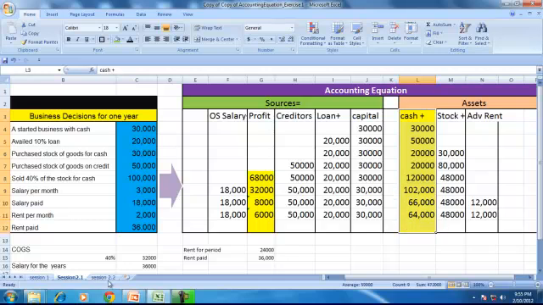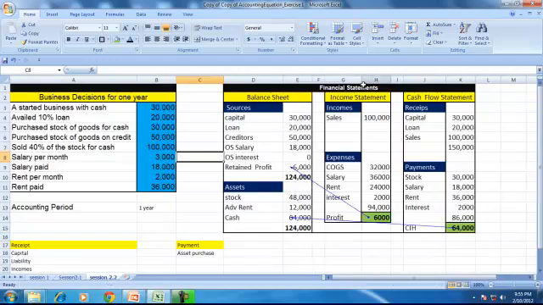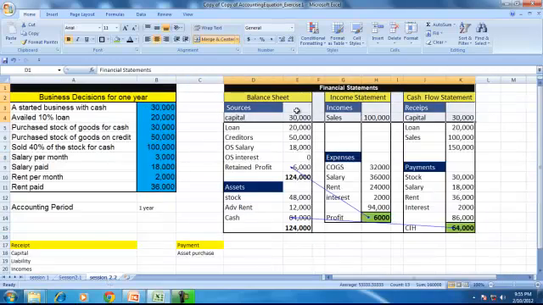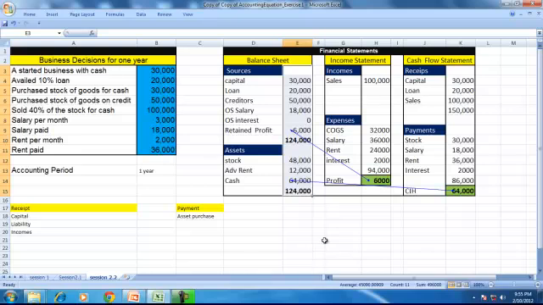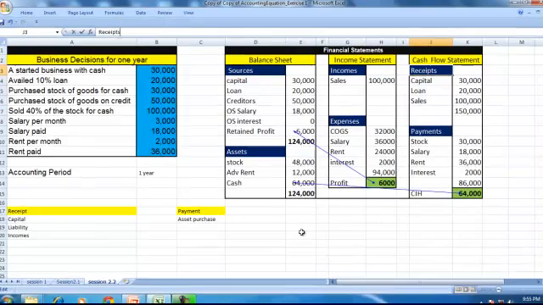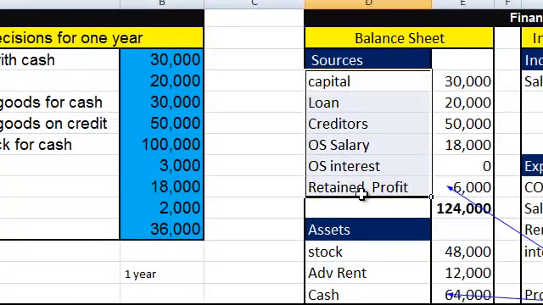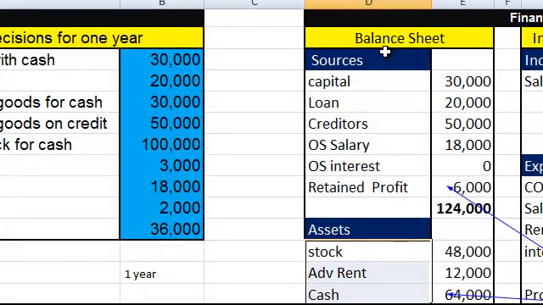Therefore, it is better to prepare the financial statements. The financial statements very clearly show the incomes, expenses, cash receipts, and cash payments. They also very clearly show the various sources and various assets on a particular date.